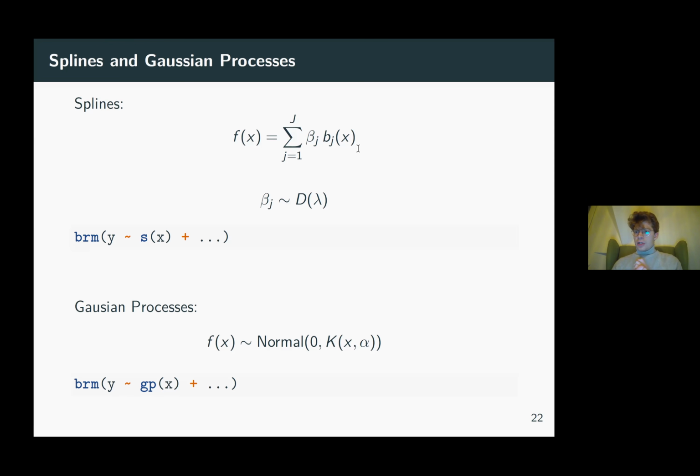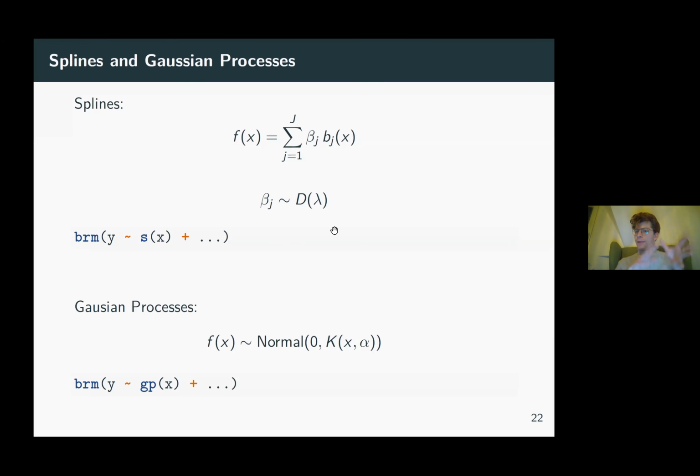So we need to make sure that those coefficients beta_j that correspond to our basis functions are not arbitrary, but are in some sort connected and regularized so that they don't blow up. One way to represent splines is that, in a Bayesian setting, those coefficients beta_j come from a joint distribution with some hyperparameters lambda.